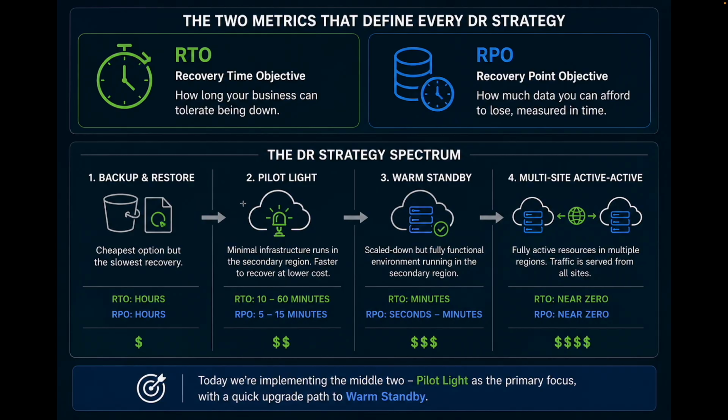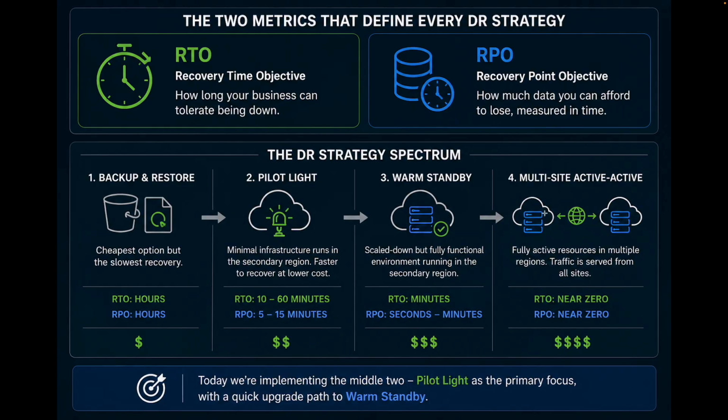Now here is the disaster recovery spectrum. Backup and restore gives you the cheapest option but the slowest recovery time. It can take hours for both RTO and RPO. Pilot light can get you down to 10 minutes. It's also relatively cheap. Warm standby gets you to minutes, which means you have a fully functional environment running in a secondary region.